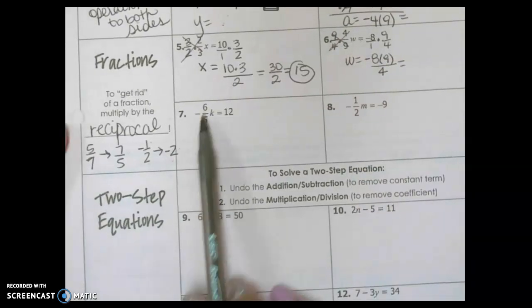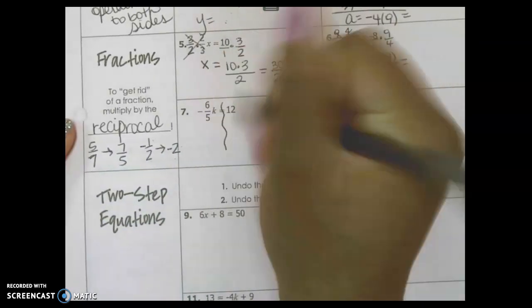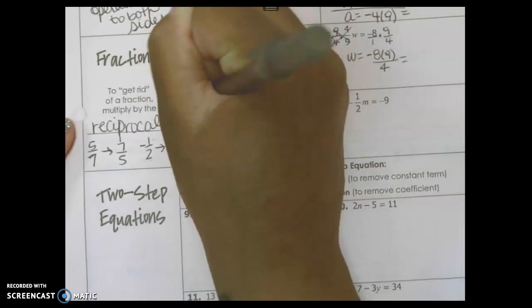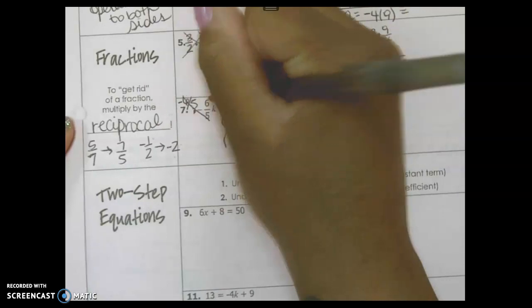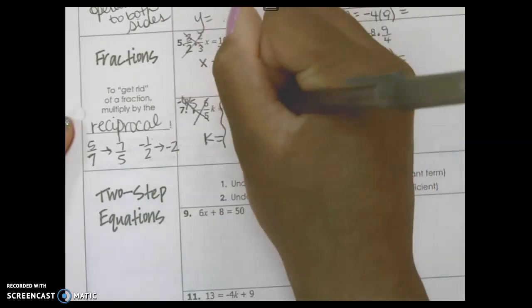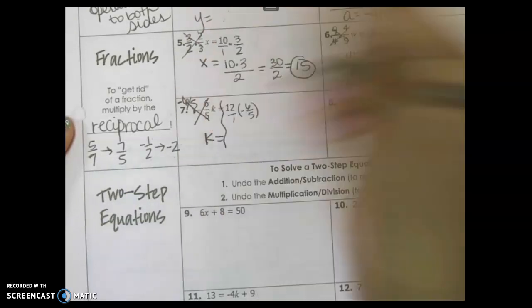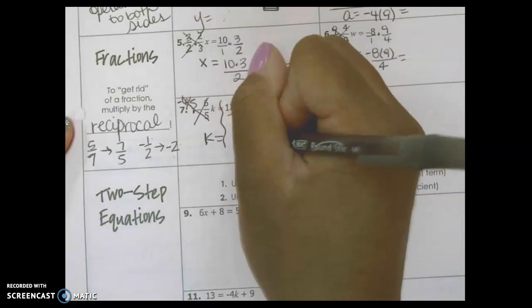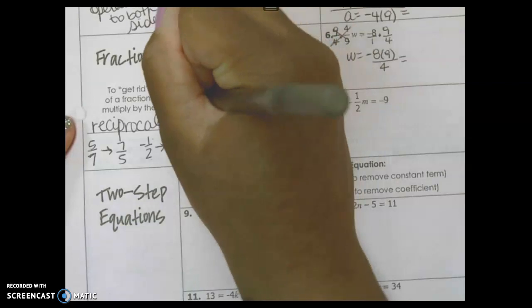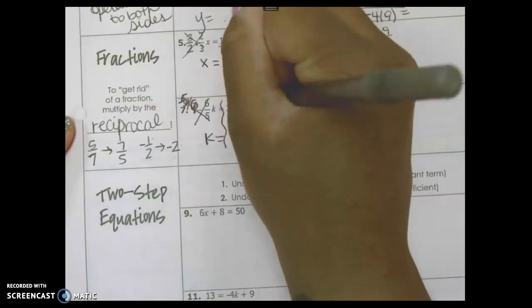Over here, I have negative 6/5 times k equals 12. Draw your river. Multiply by negative 6/5, and this really doesn't matter over here because you're just going to cross it out, equals k, and then 12 times negative 6/5, just 12 over 1. I'm sorry, 5/6. Miss Starling messed that up. Should be 5 over 6 and 5.